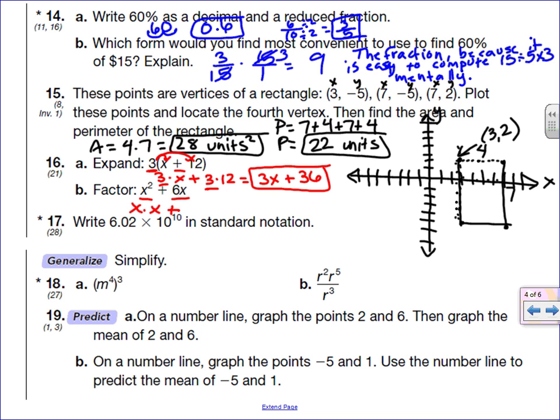And then I could write 6x as x times 6. And then I have an x being multiplied by each of those things. Well, that x then could be put out front of parentheses like that 3 was in A, and then whatever's left over. So once I get rid of my x's in front, I have x plus 6 left over.